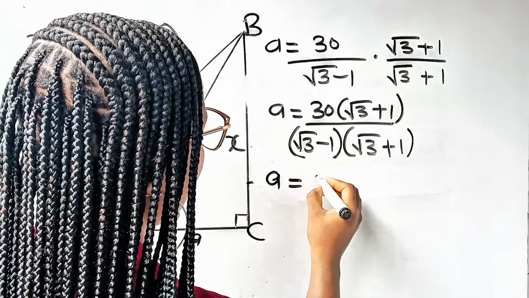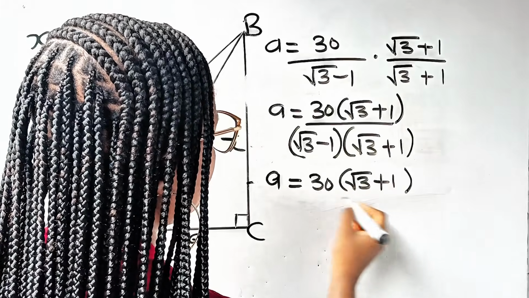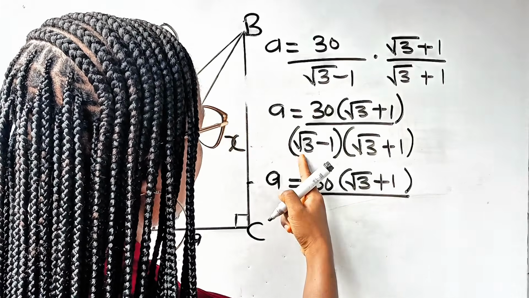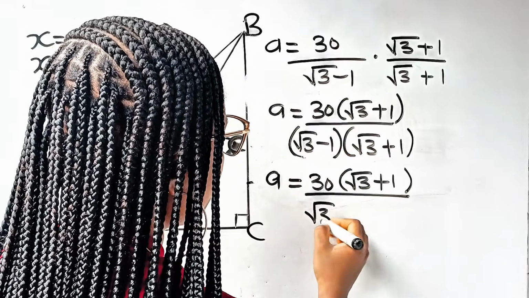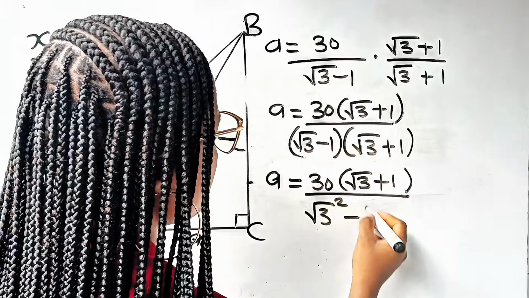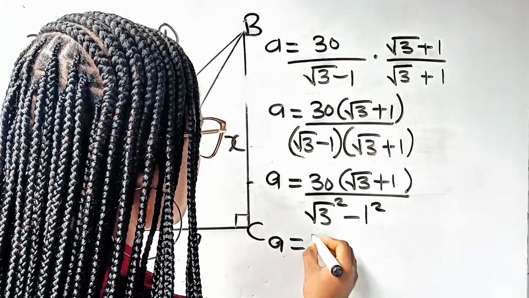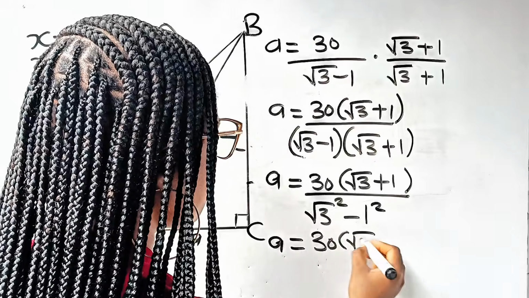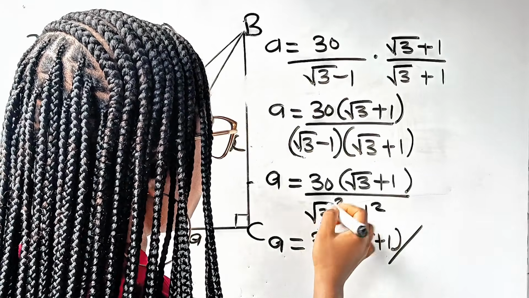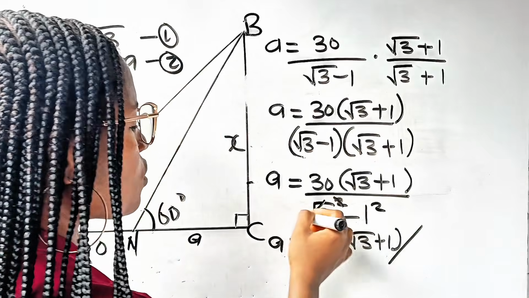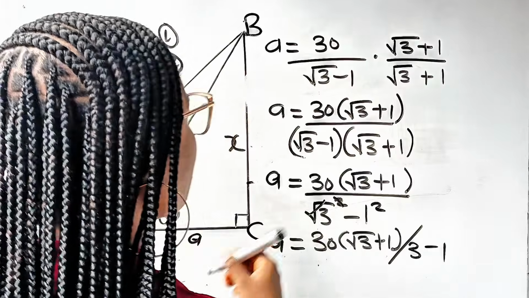And if that is the case, we can rewrite this as A is equal to 30 brackets root 3 plus 1 divided by A squared minus B squared, whereby our A is root 3. So we have root 3 squared minus our B, which is 1 squared. So A is equal to 30 brackets root 3 plus 1 divided by root 3 squared. Squared is going to remove our root sign and we are left with 3, minus 1 squared is 1.